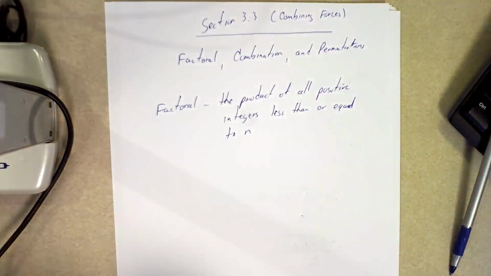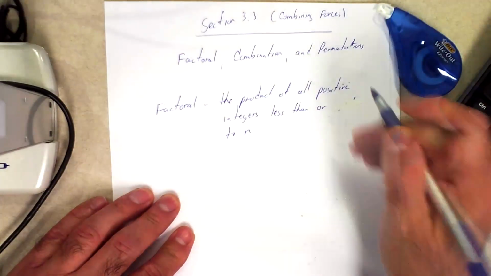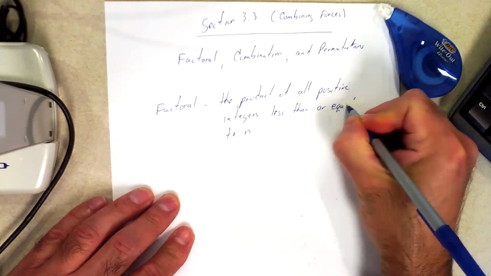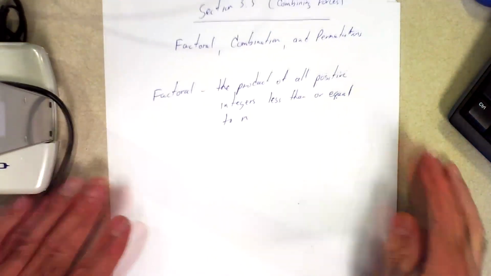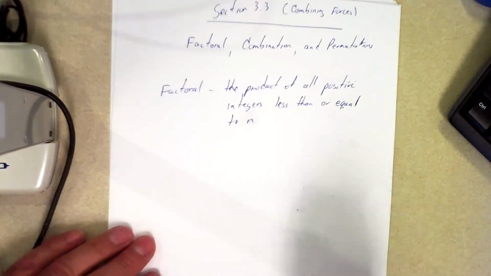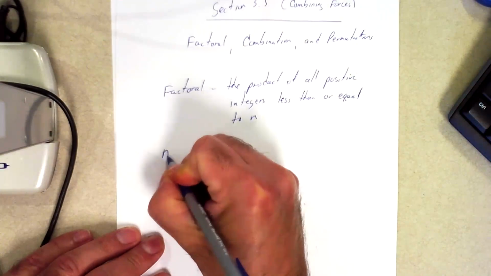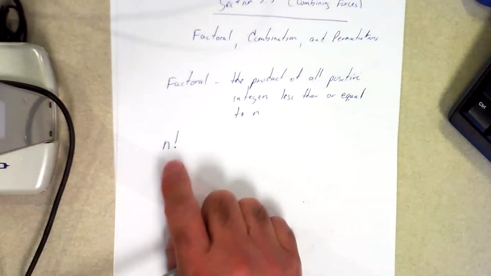So that's the definition of a factorial, and I'll explain to you in English what that means. Notationally, how does it look? You have an n with an exclamation point. That is a factorial.